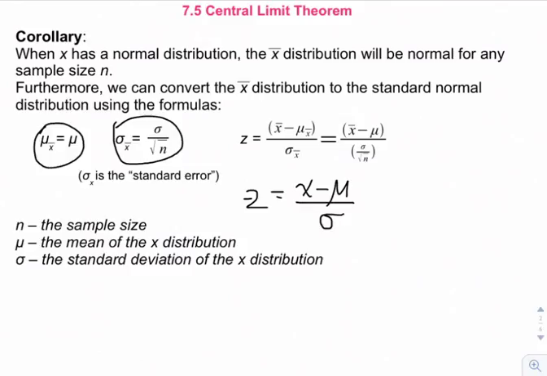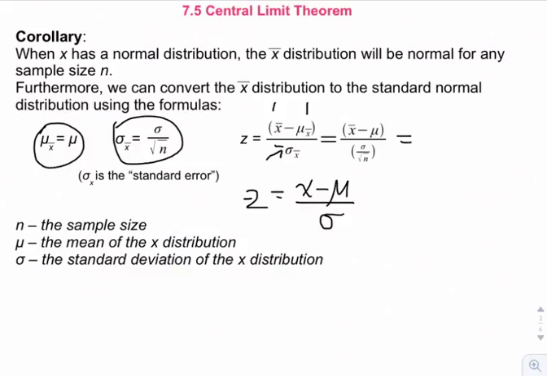So we have x bar minus the mu for x bar divided by the sigma for x bar. But given the two equations on the left, it's x bar minus mu, the same one, divided by the standard deviation over radical n.